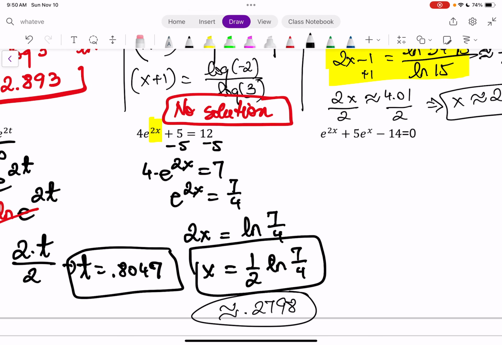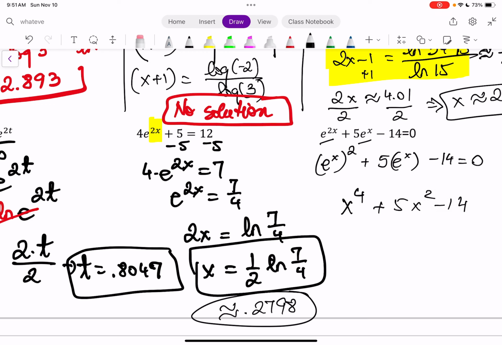All right, and this last one is a little tricky because you see your exponential coming up in 2 different places. However, this very much looks like a quadratic type of equation. So same as we even solved equations that had x to the 4th plus 5x squared minus 14, which looks very much like an x squared plus 5x minus 14.